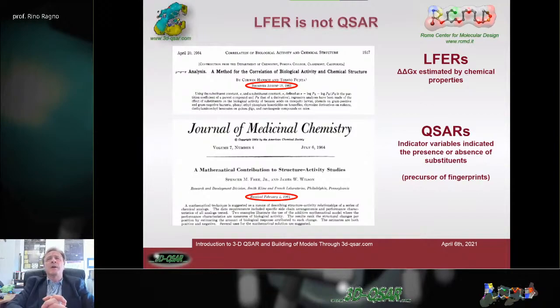The Hansch QSAR was based on descriptors of molecules, which were used to estimate the delta G of the transformation of the ligand into the complex, actually without the complex because it is ligand-based. Therefore it is not a real QSAR but a linear free energy relationship, while the one developed by Free and Wilson was related to the presence or absence of substituents on a list of molecules.